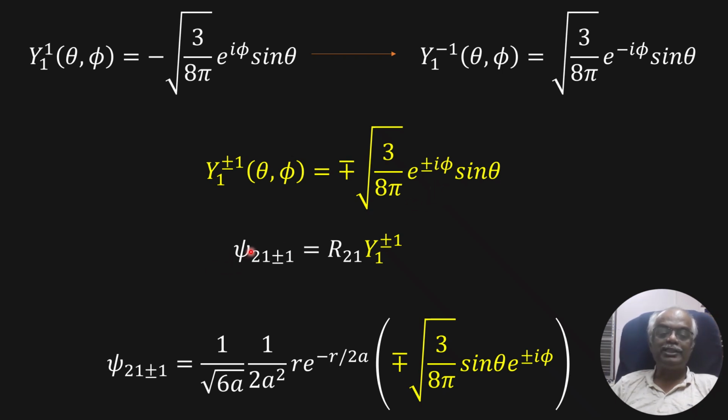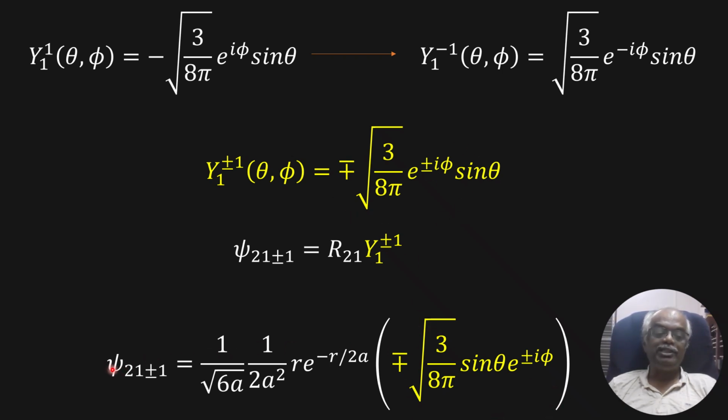So the wave function psi 2 1 plus or minus 1 is equal to R21 Y1 plus or minus 1. R21 we have seen, this white color box I have given: 1 over square root of 6a, 1 over 2a squared r e power minus r over 2a, and this one Y1 plus or minus 1, which I have shown in the yellow color box.